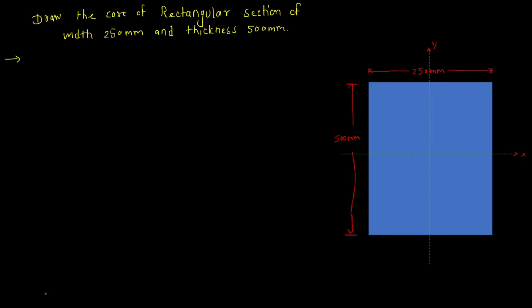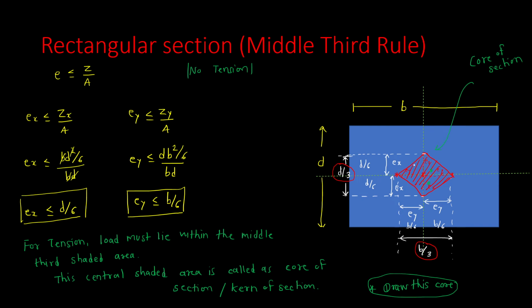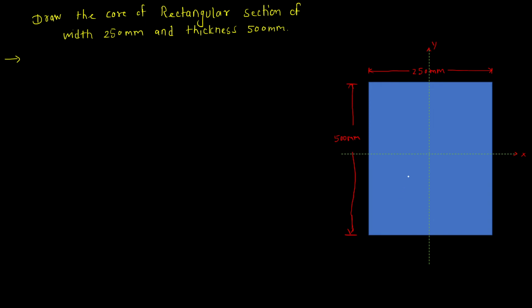Now based on the concept of core, we can directly draw the diagram. So you can see here it should be like this, and this is the ex and ey distance. So either you can draw it from the first, or first you can calculate the value of ex and then you can draw. So what I am doing is I am drawing it directly. So first I will draw the diagram.